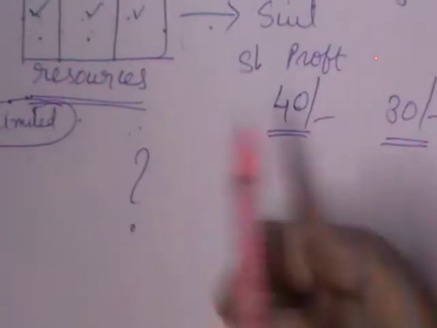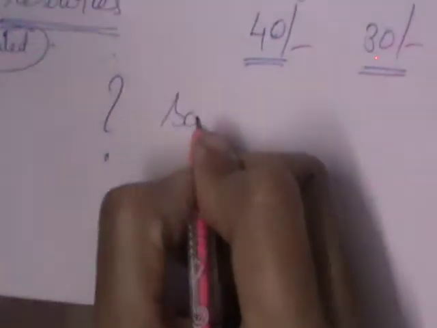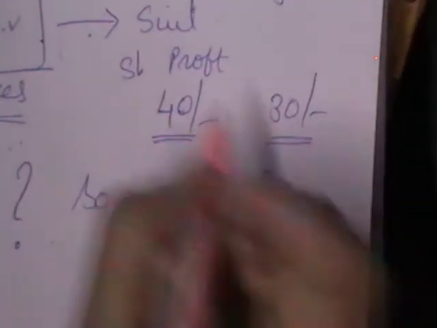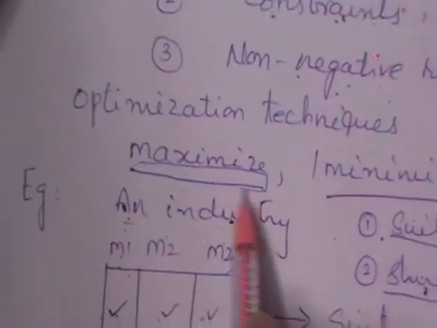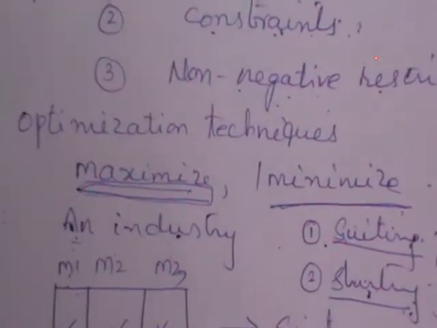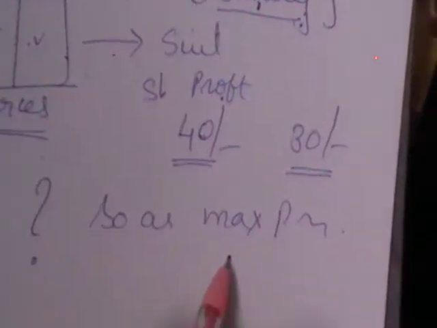Now the question here is: how many suitings and shirtings should be produced so as to maximize the profit? As I said, these LPPs are optimization techniques. Either you will face a problem of maximization or minimization. All of you well know that if it is a problem of profit, you should always go for maximization.